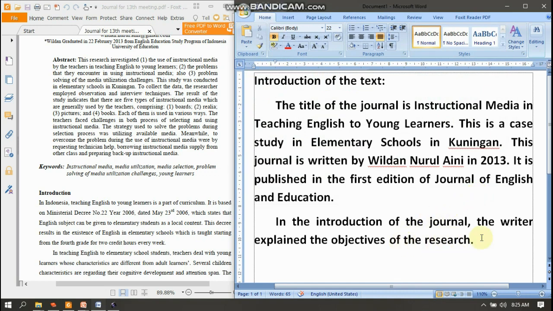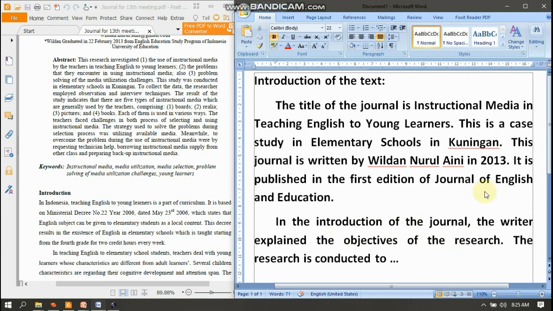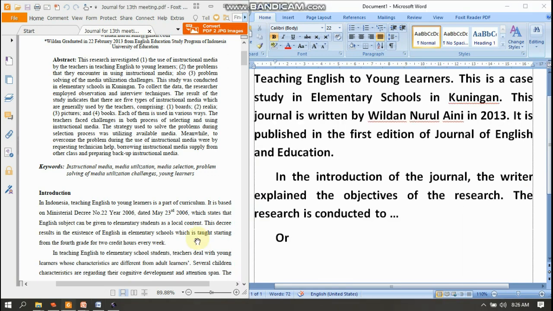And then you can add some sentences to explain the objective of the research, such as, the research is conducted to blah blah blah.